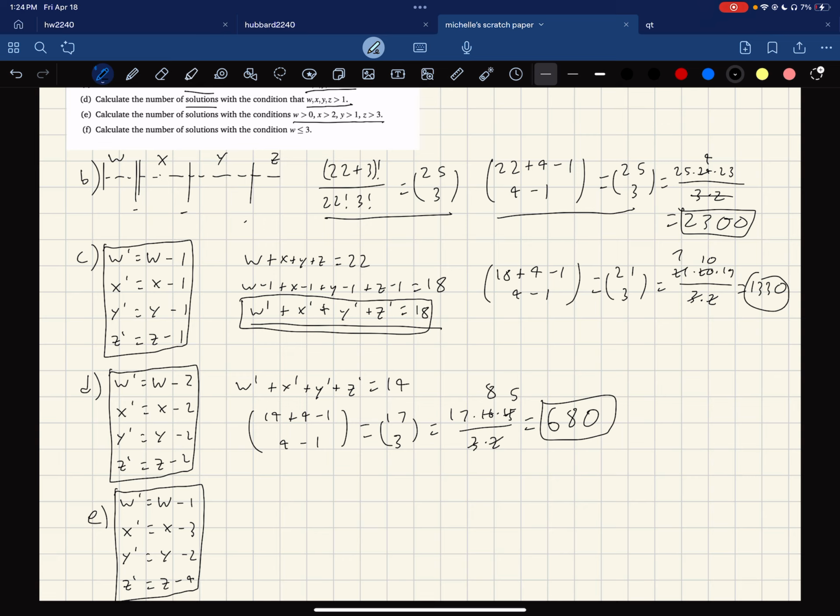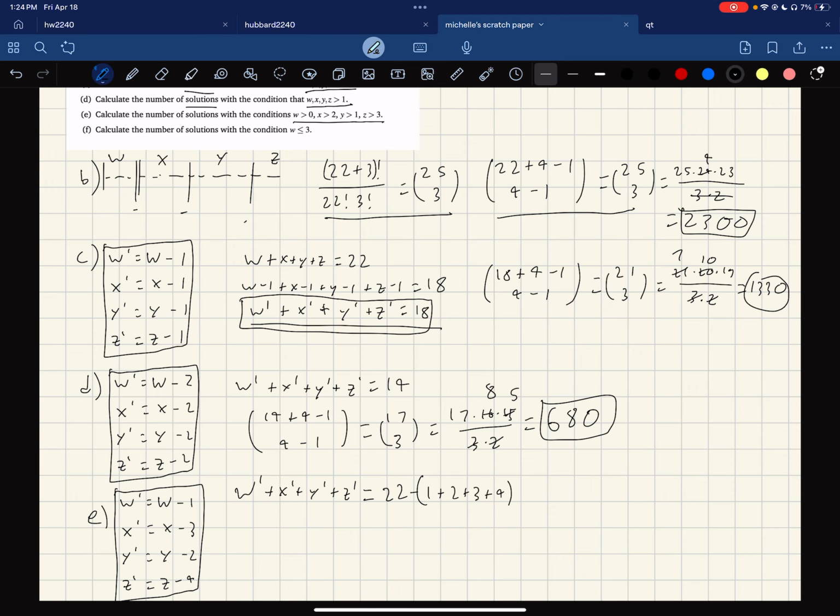Now, when we substitute it in, we have w prime plus x prime plus y prime plus z prime equals 22 balls, minus 1 plus 2 plus 3 plus 4.